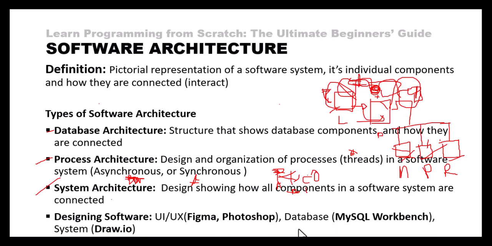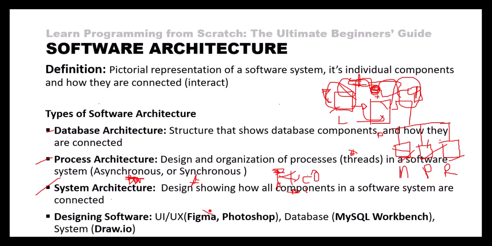Okay, so architecture simply means a pictorial representation of how individual components in a software are interconnected and how they interact with each other, right? When you're designing architectures for a computer, you need some software to be able to design them. To design the architecture for a user end or a front end, the visible part of the application, you can use Figma.